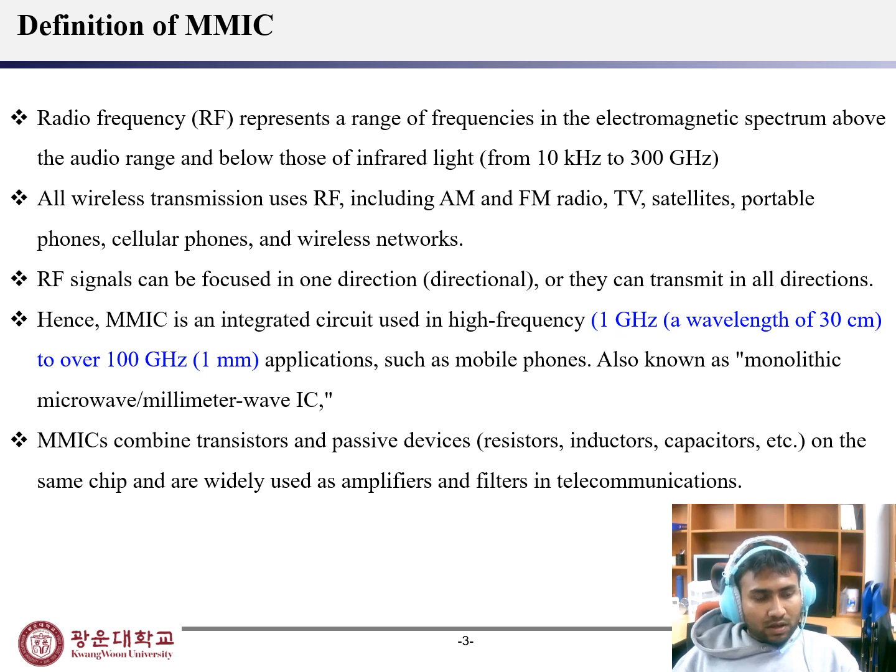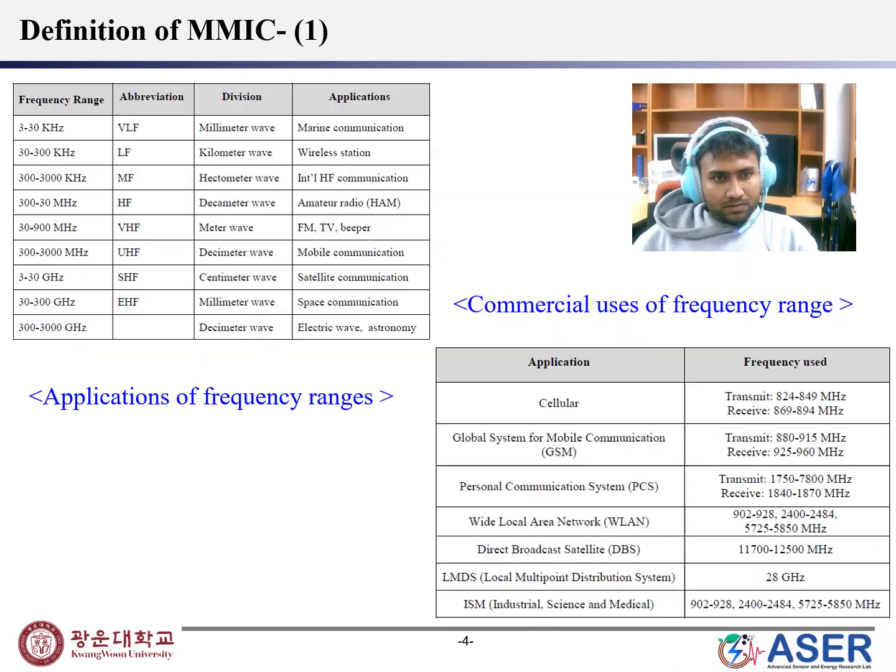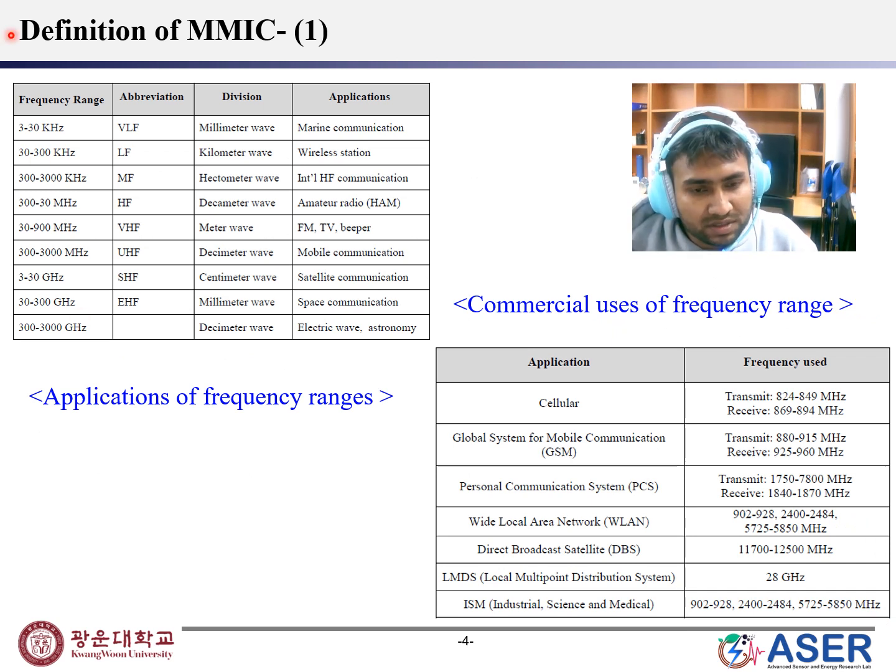MMIC combines active and passive devices like transistors, inductors, and capacitors on the same chip and is widely used as amplifiers and filters in telecommunication. We will discuss the definition of MMIC.